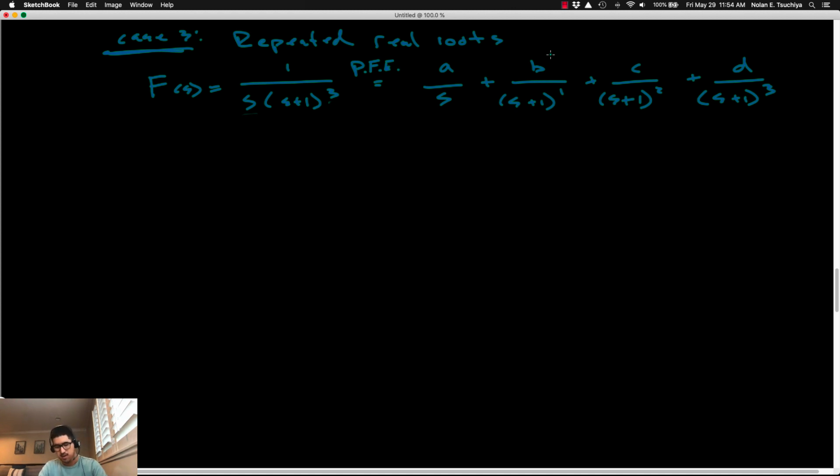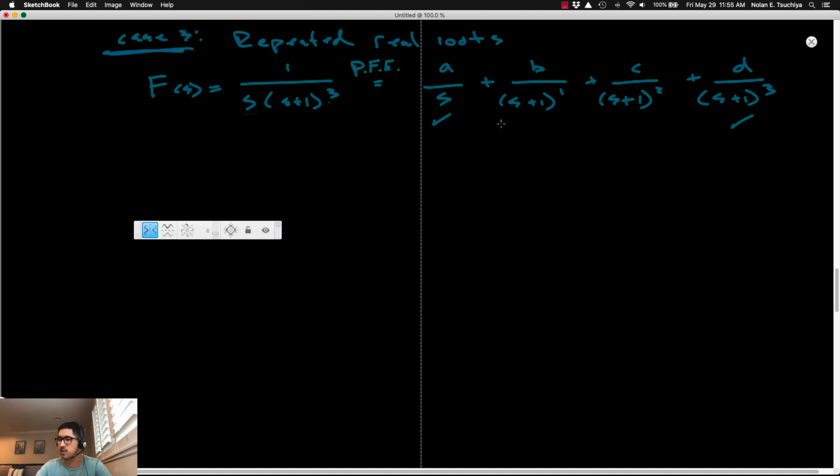Okay. Now it turns out, unfortunately, the cover-up method that we used in case 2, you cannot use it to find all of the coefficients in this problem. It simply doesn't work. You can use a cover-up method to find A, and you can always use a cover-up method to find the coefficient on the terminal power.